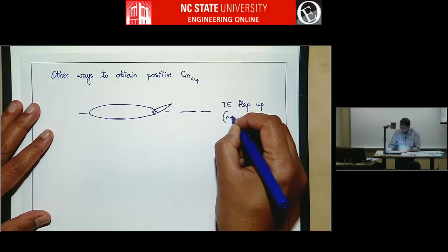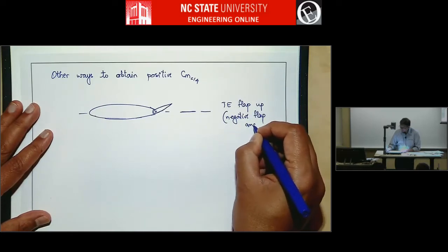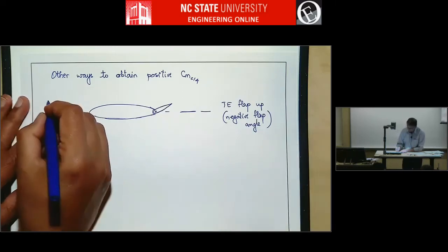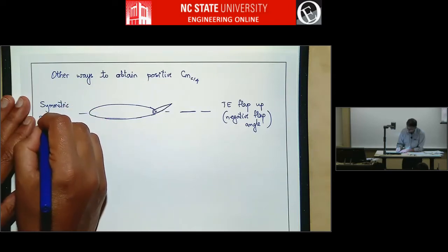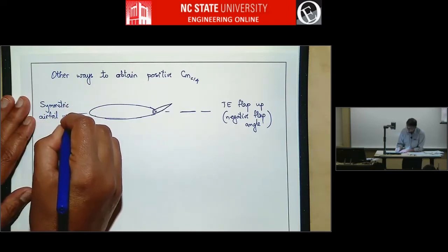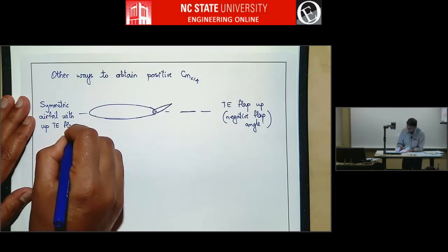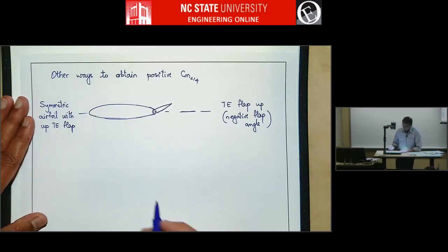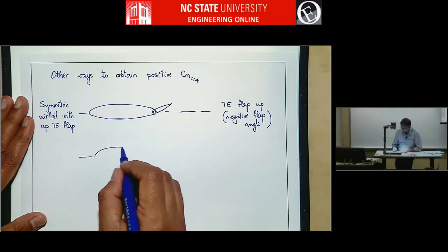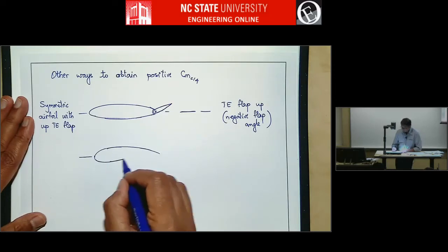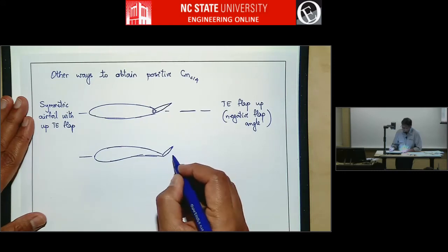And this is called a negative flap angle. You can do this even with a cambered airfoil, except you'll need more up flap deflection for the same kind of desired positive pitching moment. So you'll have more up flap deflection.